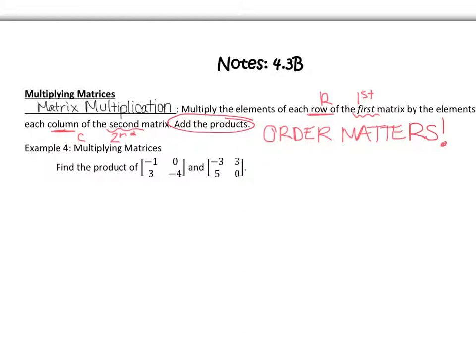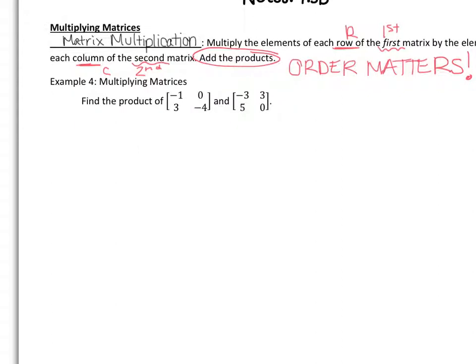All right, now for this first example, like always, I'm going to write it out and really break it down. I recommend you also write it out the way I do, so that if you get lost later you can come back to it and it won't be so jumbled, and you can see exactly what happened. It says find the product of the first matrix and the second matrix.